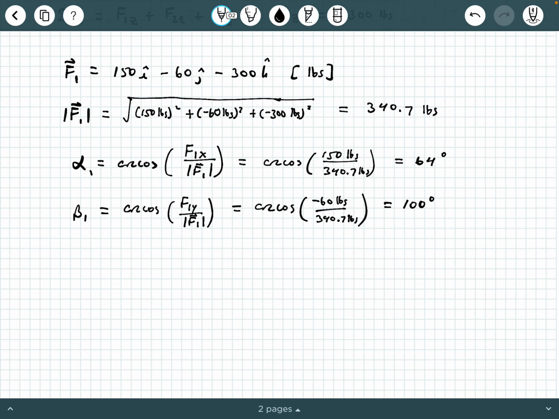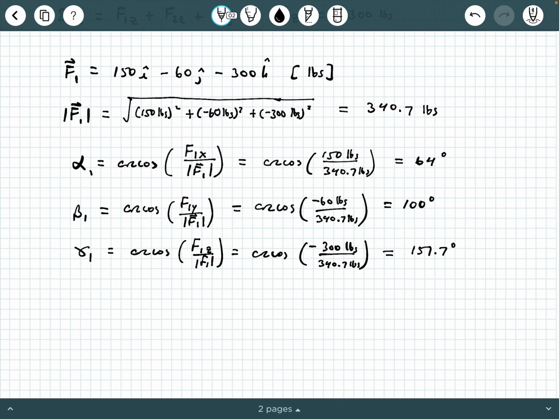And then finally, gamma for F1 is going to be the arc cosine of F1z over the magnitude of F1. So we'll write that as arc cosine of negative 300 pounds over 340.7 pounds, and we should get 151.7 degrees.